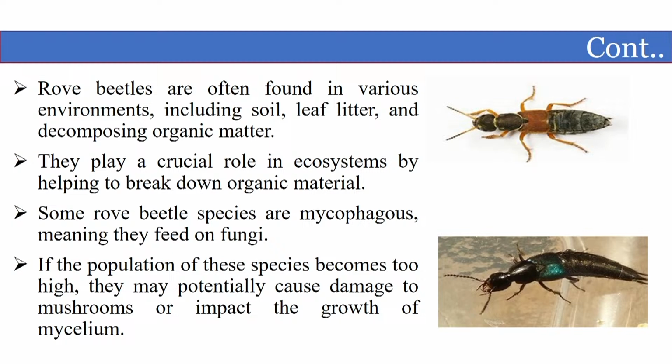That's why they affect mushroom cultivation also. If the population of these species becomes too high, they may potentially cause damage to the mushroom, or they can impact the growth of the mycelium. They can damage the substrate as well as the spawn also.